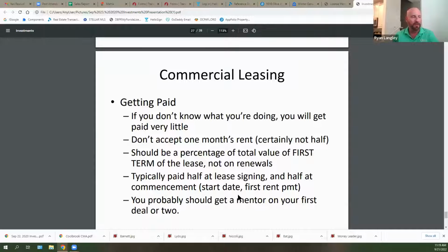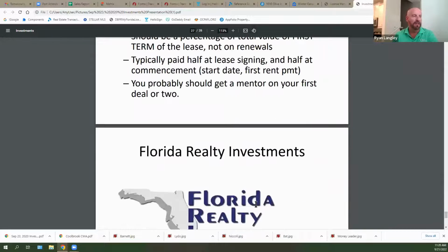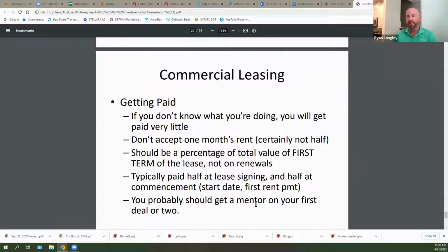Should be a percentage of total value of first term of the lease. You do not get paid on renewals. So let's say it's a 5-year lease and it's $5,000 a month. So that's base rent. So that's $60,000 a year times the 5 years is what you'll get paid for. I don't care if the tenant renews it 3 times, you'll get paid for the first 5 years.